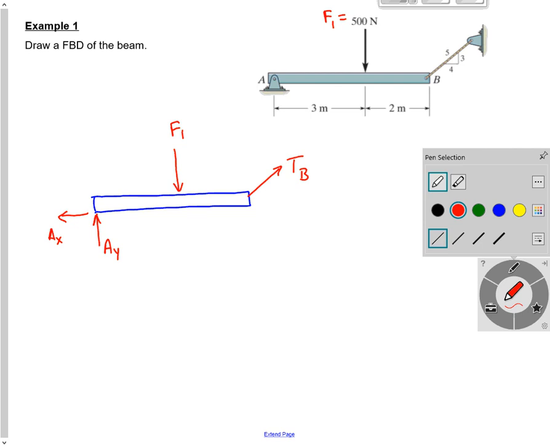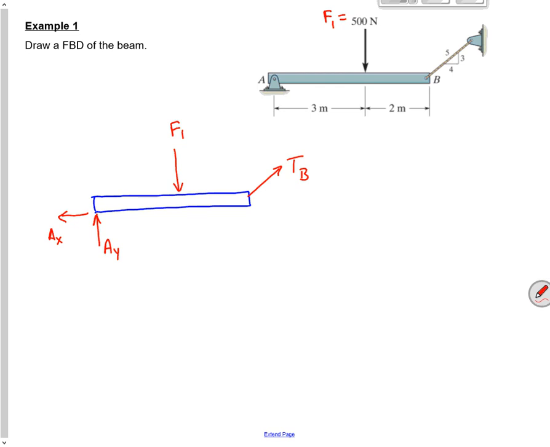Right, because it's a fixed link, it has to pull. It's a rope. It's tied over there. So that has to pull on it. So that's a tension at B. And there's the free body diagram. The big thing to get out of that is looking at the support reactions.